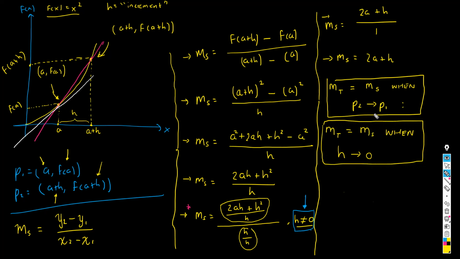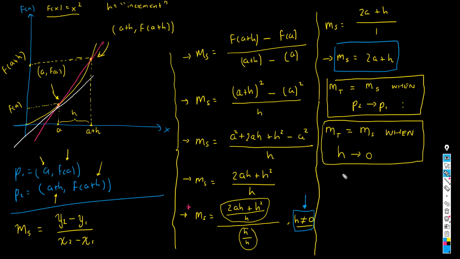And now with this conclusion, guys, we can get the slope of this tangent at this point a comma f of a. Why? Because I look back at my slope for the second line, which is this.